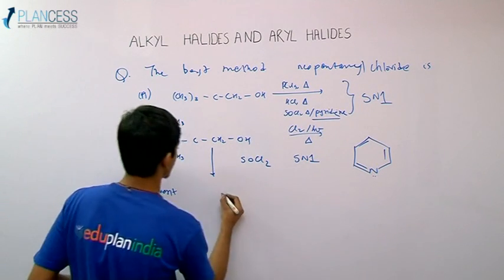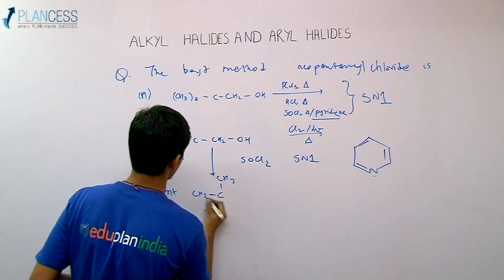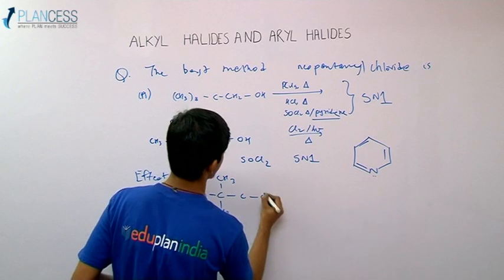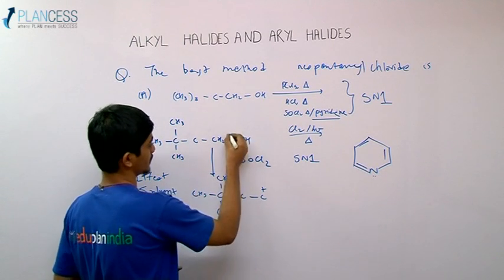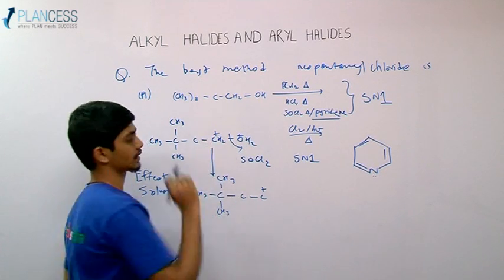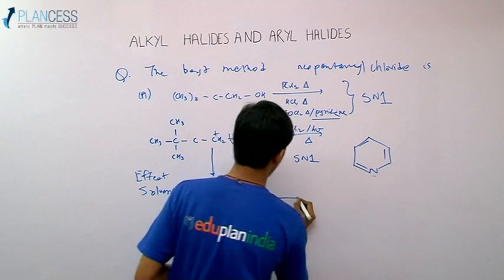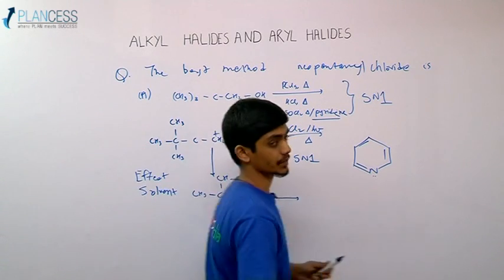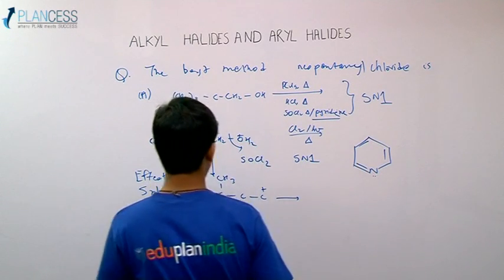Fine. So let us write the mechanism. (CH3)3C-CH2 positive. The alcohol will be protonated, will go as OH2 plus, and the positive charge will come on the carbon. Now this undergoes rearrangement. We know it is a primary cation, so this will undergo rearrangement.